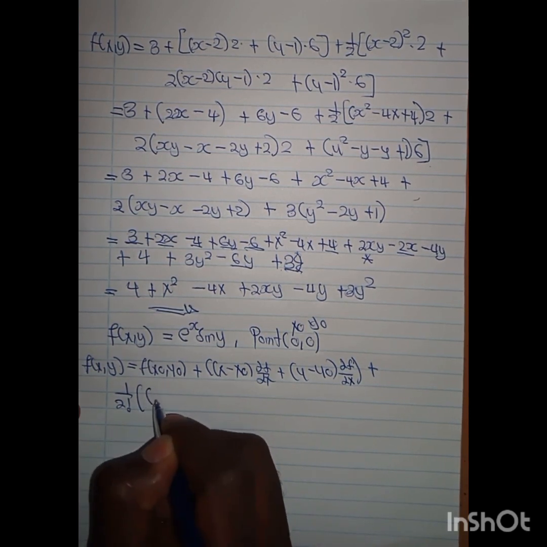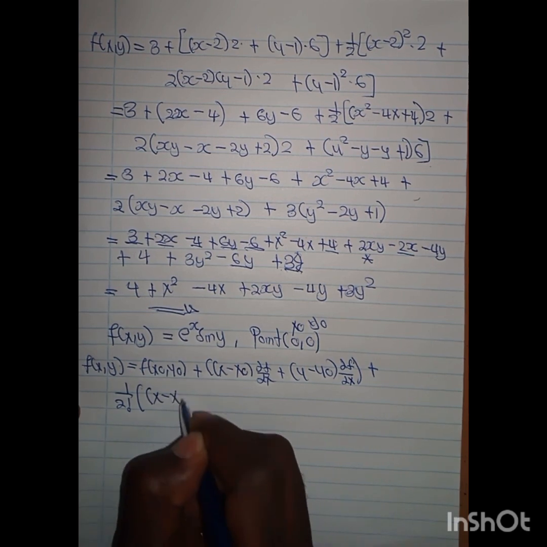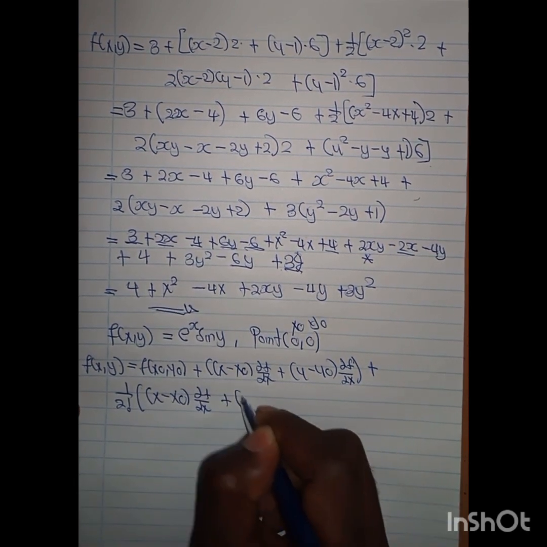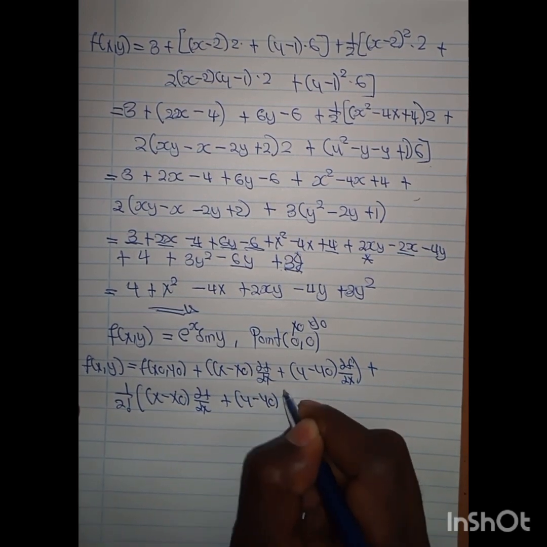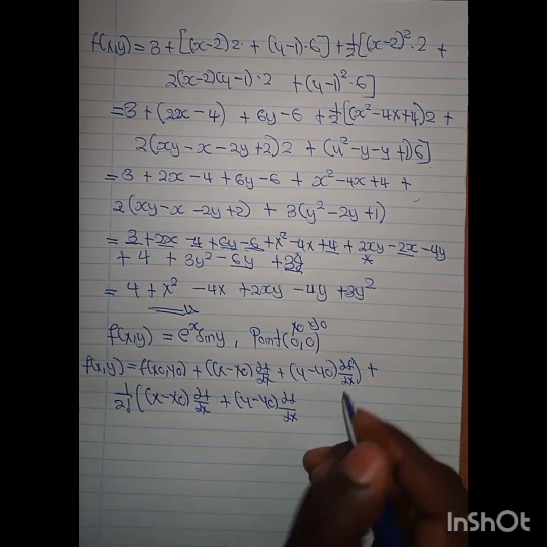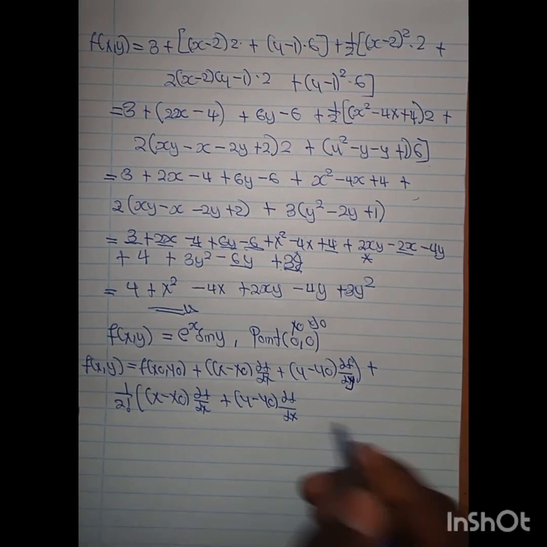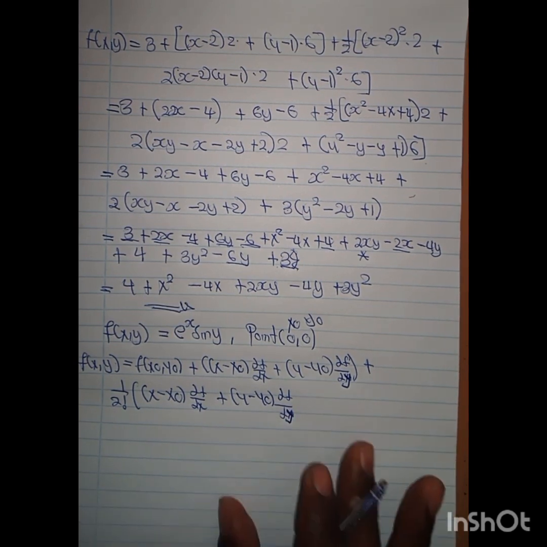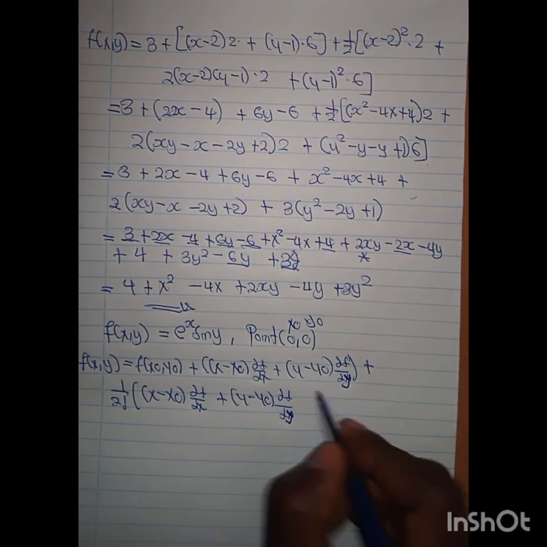Then we have (x minus x naught) df dx plus (y minus y naught) df dy. I mean, this will be dy. I probably make some mistakes. You need to be extra careful when dealing with the Taylor series and stuff.